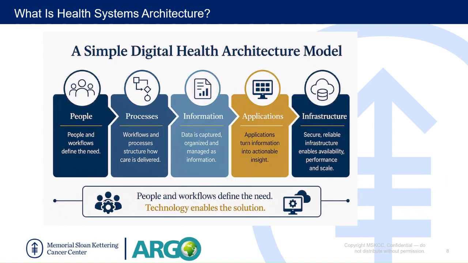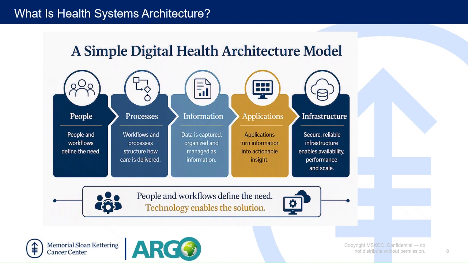Now you're looking at a diagram of a simple digital health architecture model. This diagram is foundational to this course. Throughout the next 3 weeks, for the duration of this course, we will return to these five domains or five layers over and over again because they represent the essential components of every successful digital health system.